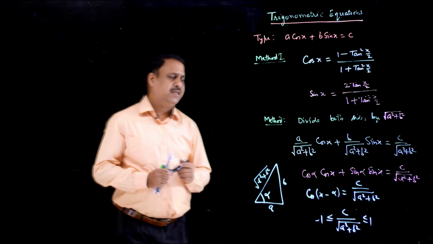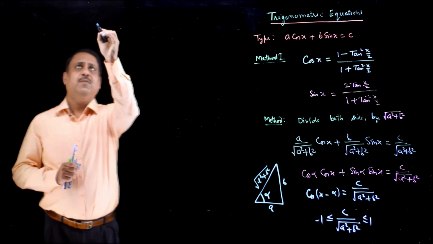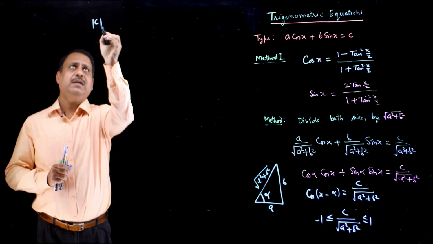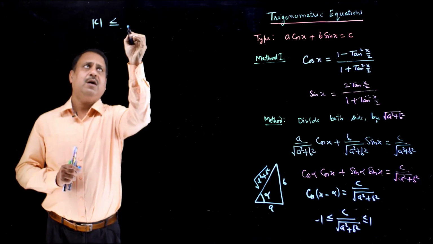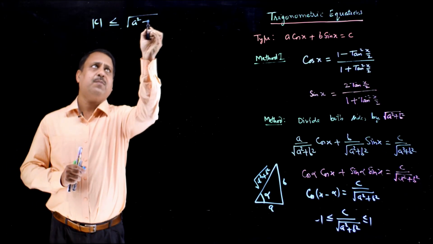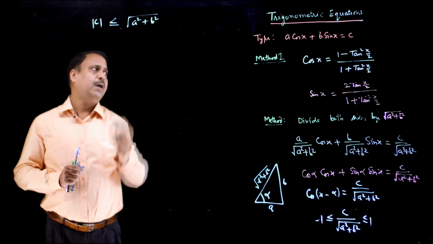So from here we can say that mod of c must be less than or equal to under root of a square plus b square.